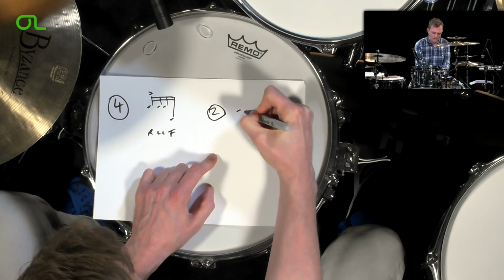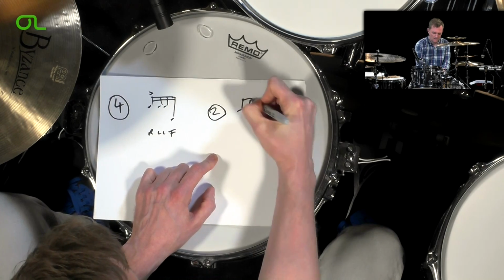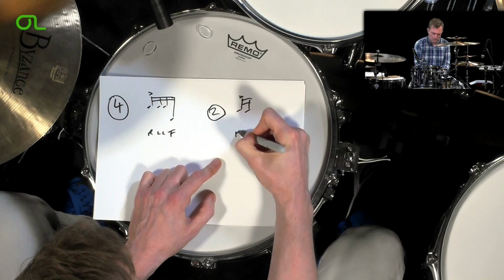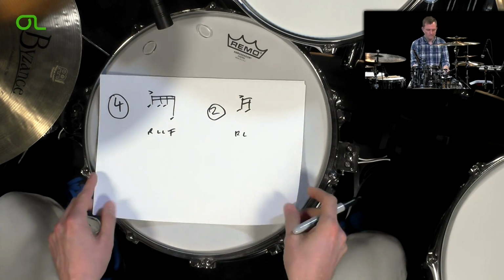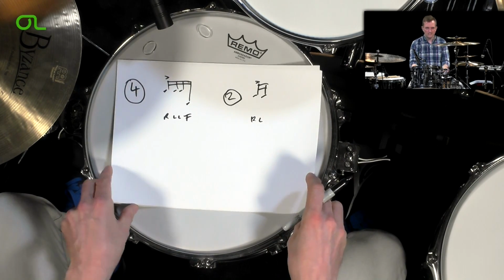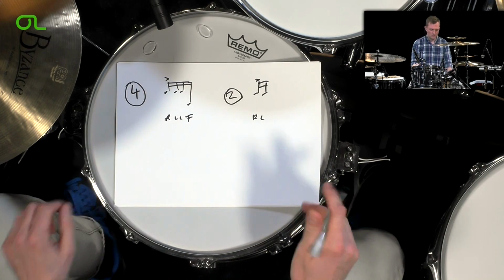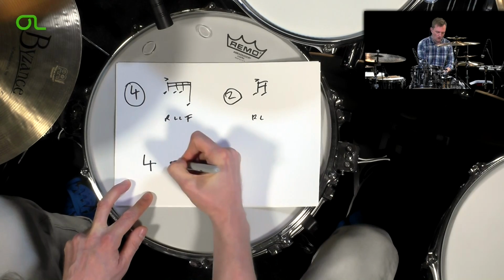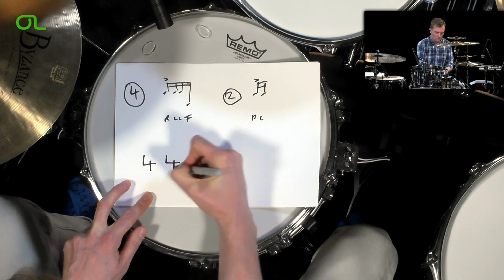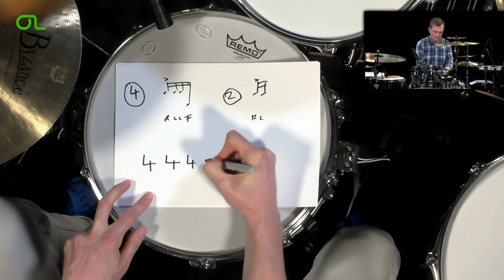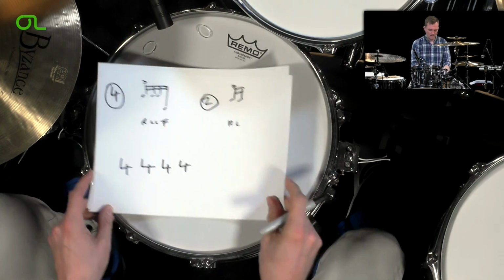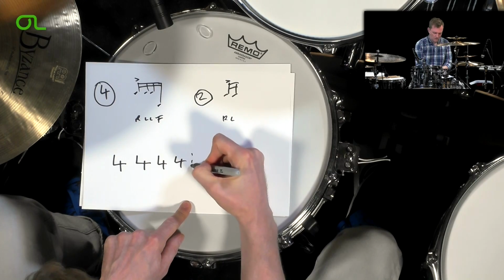which is just 2 16th notes, and we play right, left. And the fill we played was in bar 1, 4 times the group of 4. So I'm going to put down 4 times. That's bar 1. And then, so here's the bar line.